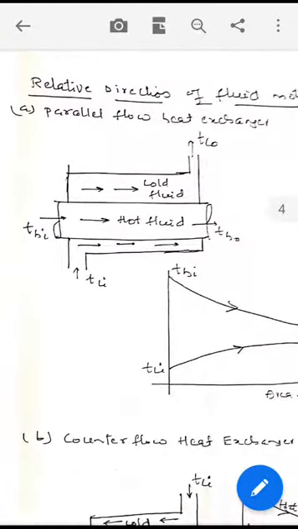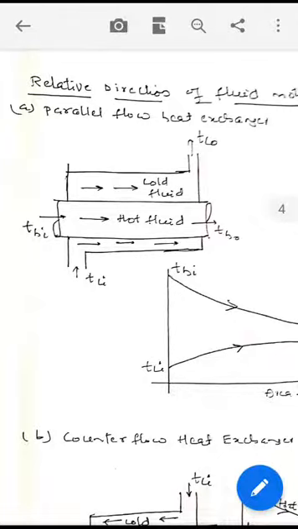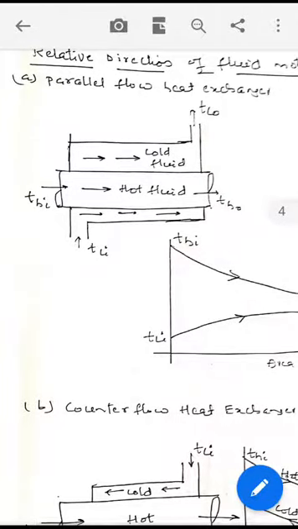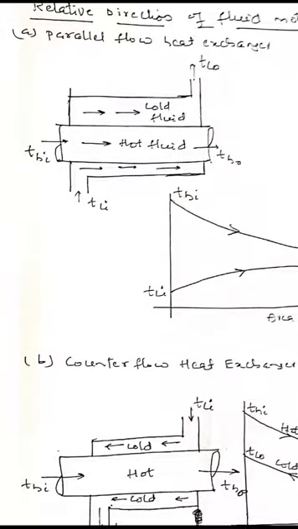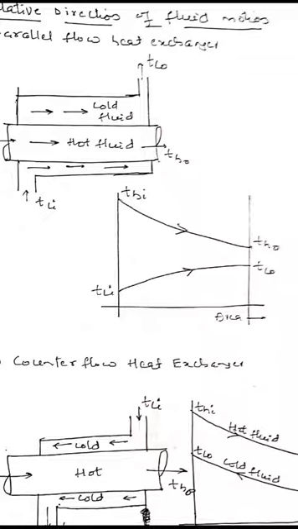Classification according to relative direction of the fluids, hot and cold fluids. First, parallel flow. In a parallel flow heat exchanger, hot and cold fluids will flow parallel to each other. Here the temperature distribution curve is also shown. Thi and Tho are the inlet and outlet temperature of hot fluid.